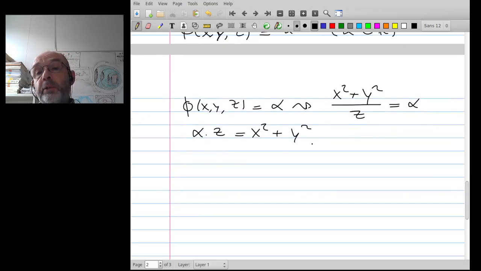And here you see your equipotential surface, and this one here is a parabolic surface.